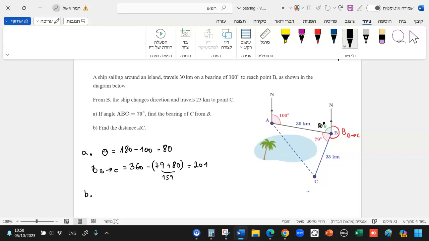Now for B, we need to find the distance. The distance between A and C, it's called D. AC. This side is the side in this triangle ABC. We know two sides of this triangle and we know the angle between them. So we can find the other side by using the cosine rule.